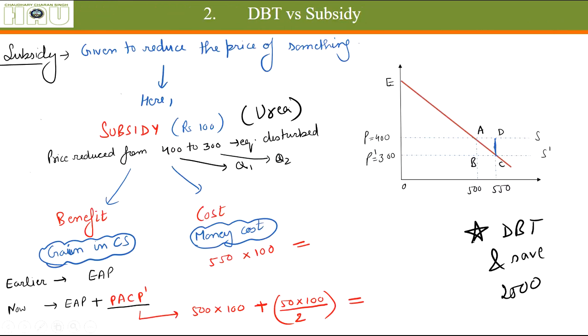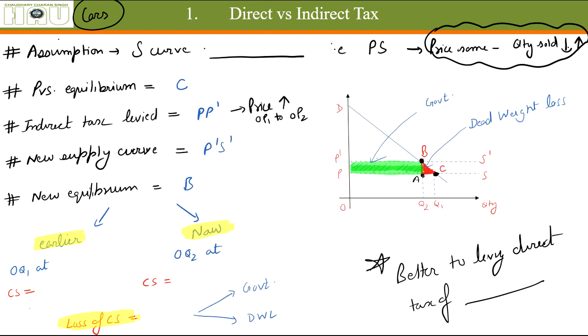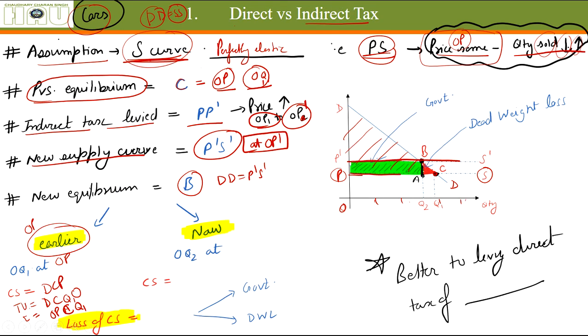This was the total utility and this was the total expenditure. If we subtract the expenditure from the utility, we get the consumer surplus DCP.